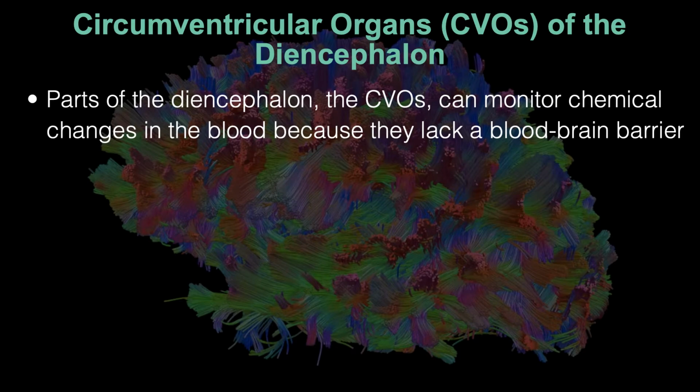The correct name for the areas or the regions that will sense the composition of the cerebrospinal fluid are circumventricular organs. And really that's getting at the fact that these organs are made up of many different parts of the diencephalon.